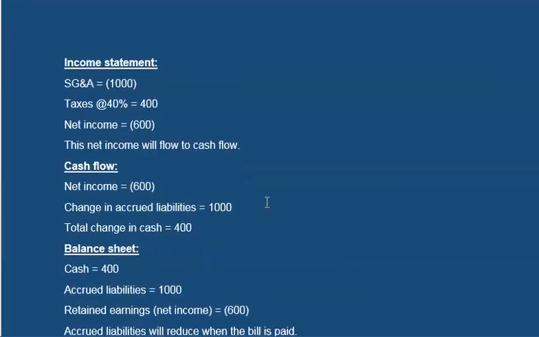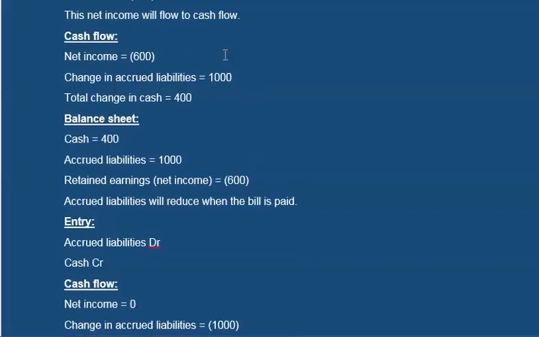Effect on the income statement. SG&A is negative 1000, taxes at 40% 400, and net income will be negative 600. This net income will flow to cash flow. Cash flow will have net income as negative 600.